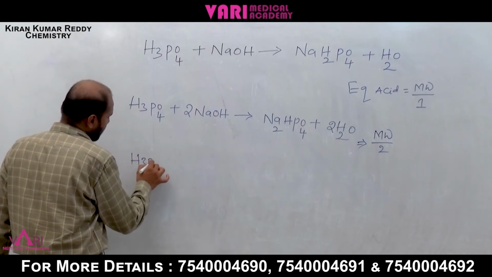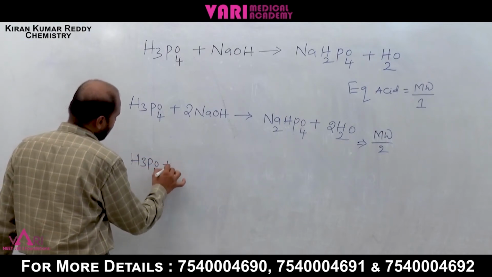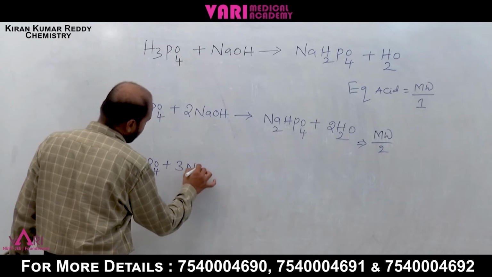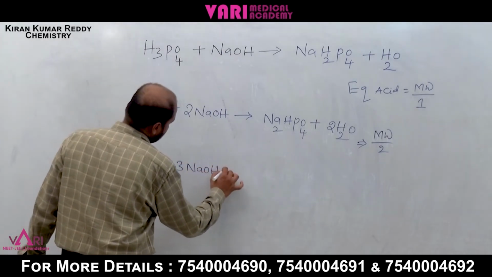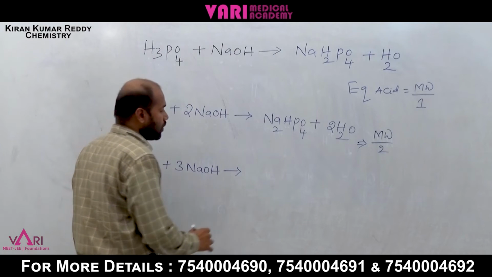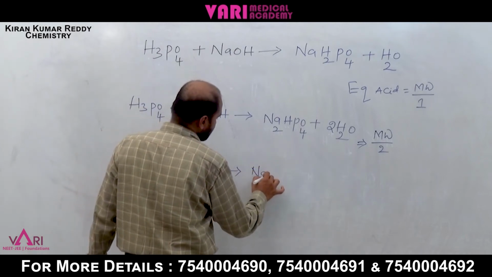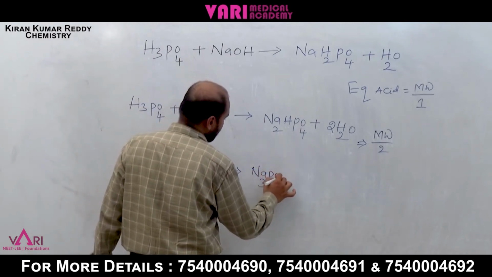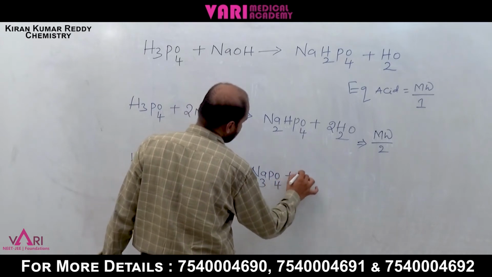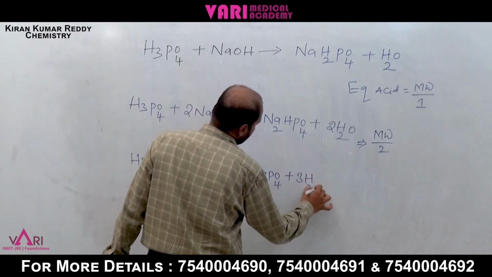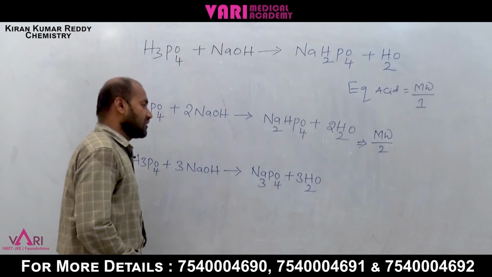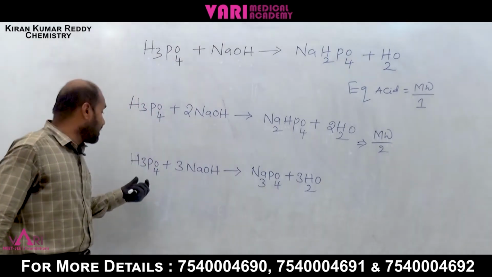Next one, H3PO4 plus 3NaOH gives rise to trisodium phosphate, Na3PO4, plus 3H2O. How many replaceable hydrogens are here? There are 3 replaceable hydrogens.